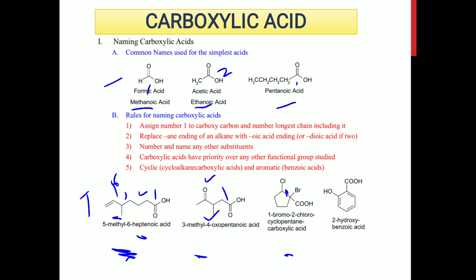This way we can number all 5 carbons in the cyclopentane. Since the carboxylic acid is connected to the first position, it becomes cyclopentane carboxylic acid. We have 2 substituents, chloro and bromo, and in alphabetical order bromo comes first and chloro second. So 1-bromo 2-chloro cyclopentane carboxylic acid is the name of this structure.